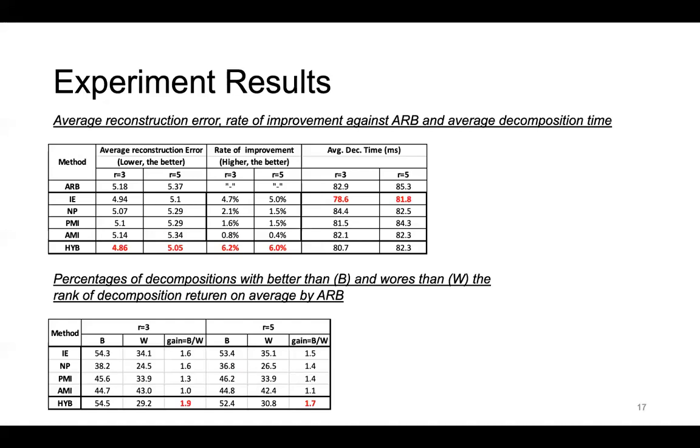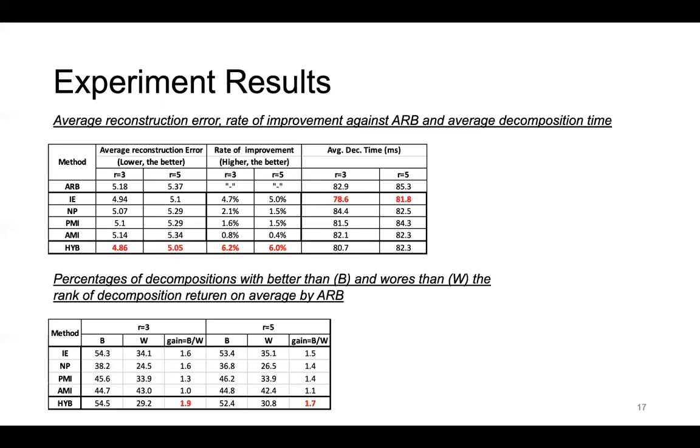And for the decomposition time, because we only select the order for the TT decomposition, we didn't change the mechanism in the TT decomposition. So the decomposition time will not be affected by our approach.